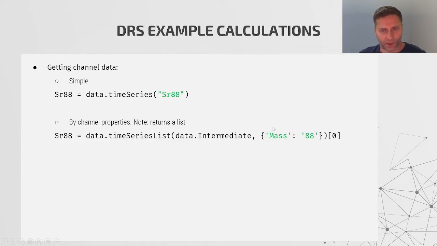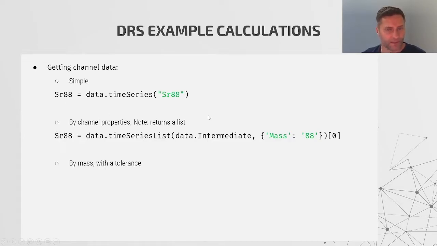Quite often there'll be a mass property for each channel, and we can use that to select our channel. Note that this returns a list, so we'd actually call 0 on this to get the first entry in this list to come back as our strontium-88 channel.